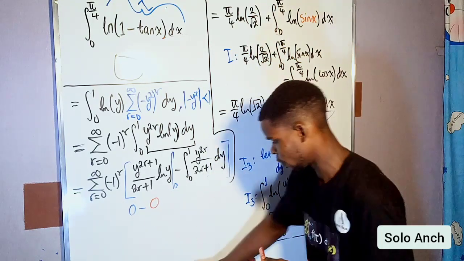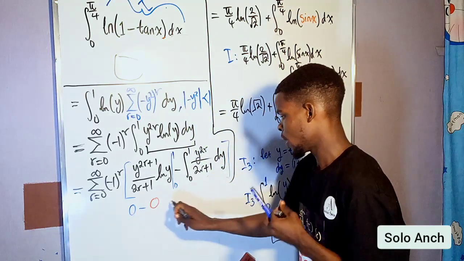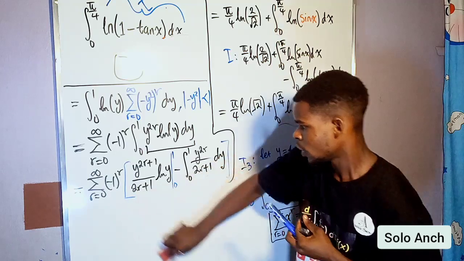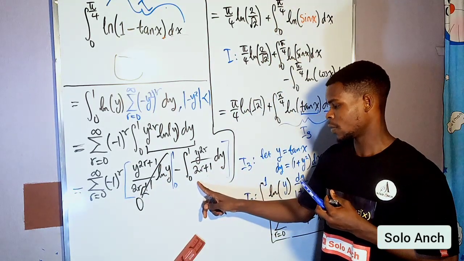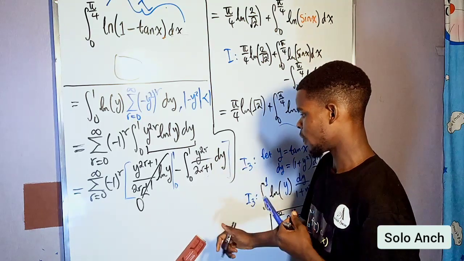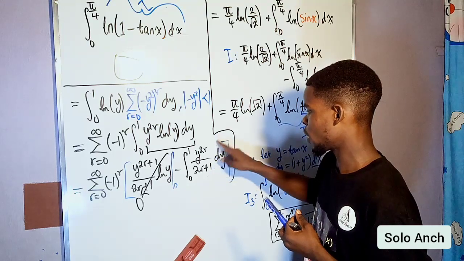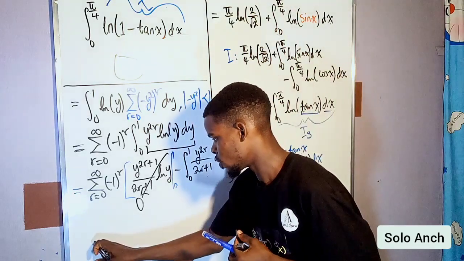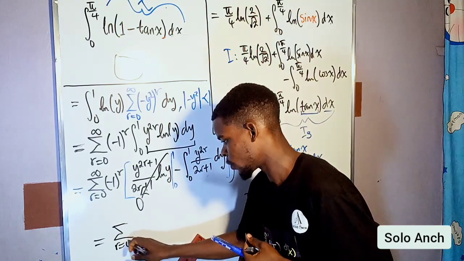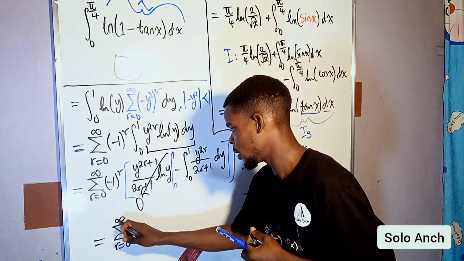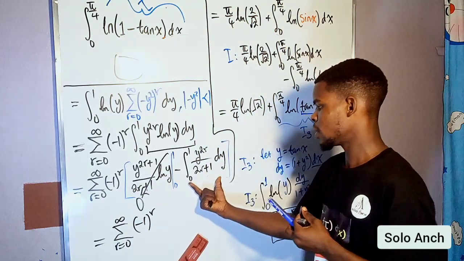So I'm going to clean it off. Good. So let's continue. This gives us negative. Well, everything here is just 0, so this right here breaks down to 0, leaving us with this negative term. But this is the negative of the integral of that. So this right here is pretty easy, just using the inverse power rule. We add 1 and then divide by the new power. This means this is going to give us the sum as r starts from 0 up to infinity of negative 1 raised to the power of r times this.